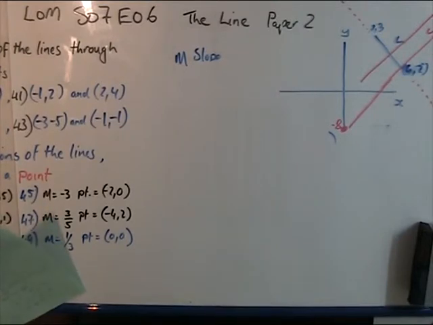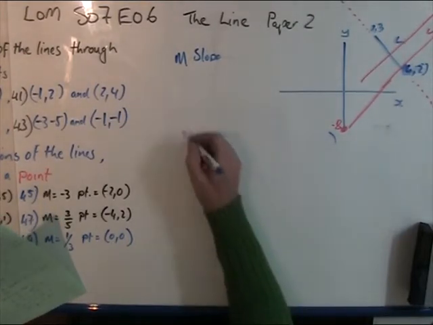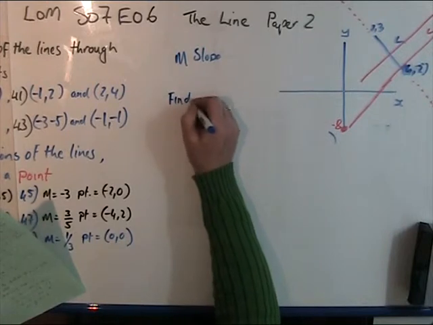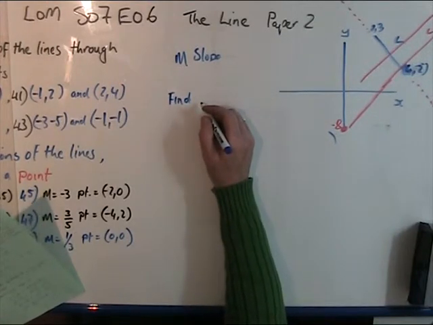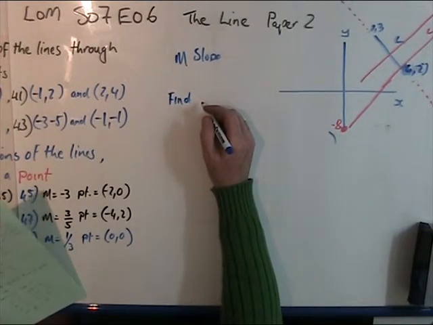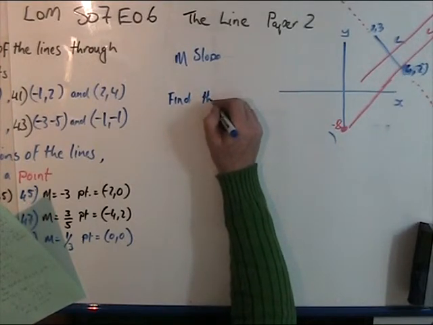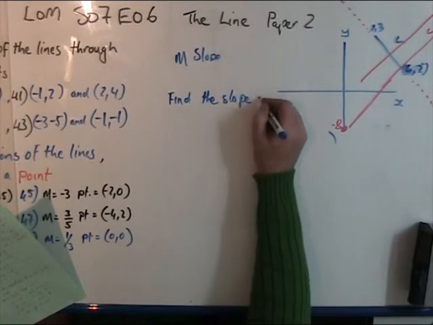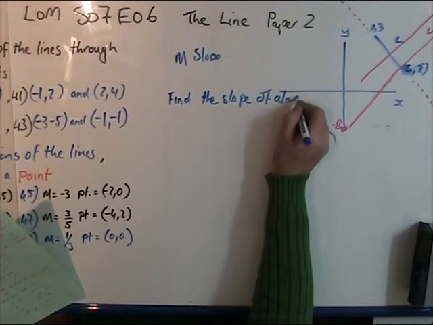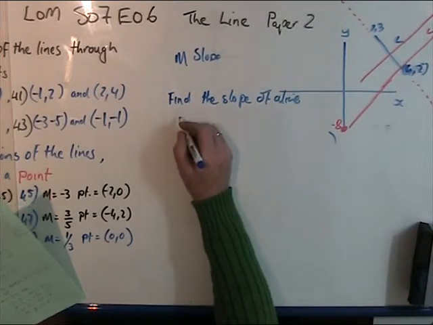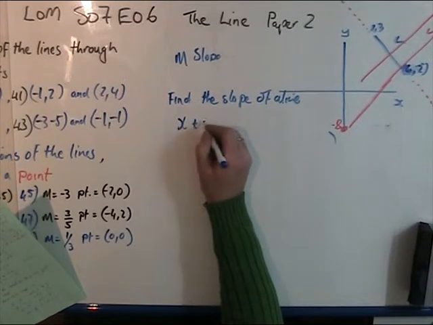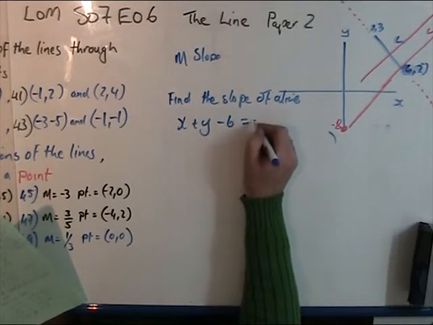Now find the equation of a line given its slope. Actually, find the slope of this line: x plus y minus 6 is equal to 0.